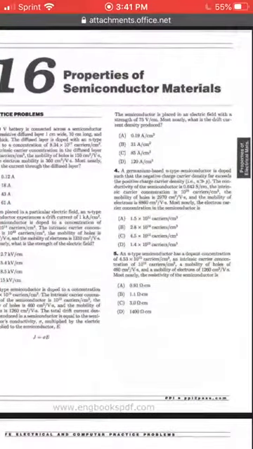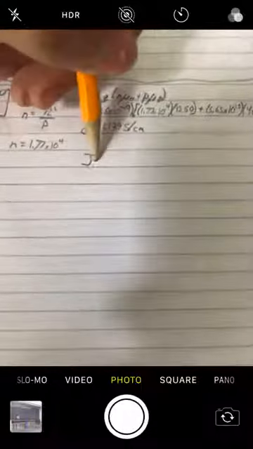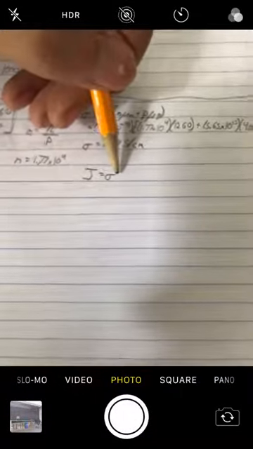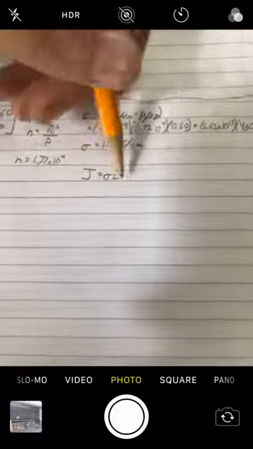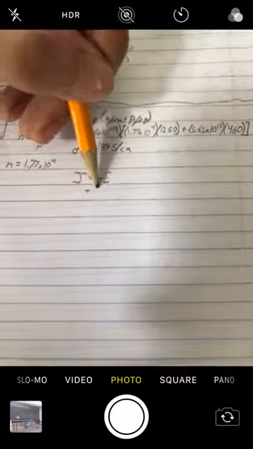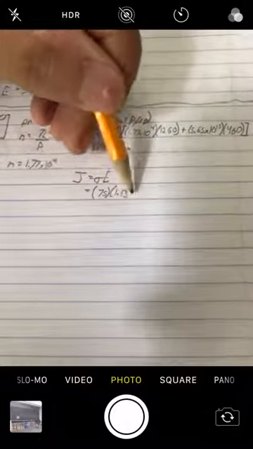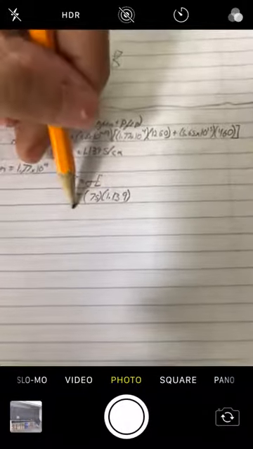Wait, did I list J? Oh, sorry about that. Our electric field was 75 volts per centimeter. So our drift current, J, is going to equal sigma times E. So we just have to multiply 75 times 1.139.